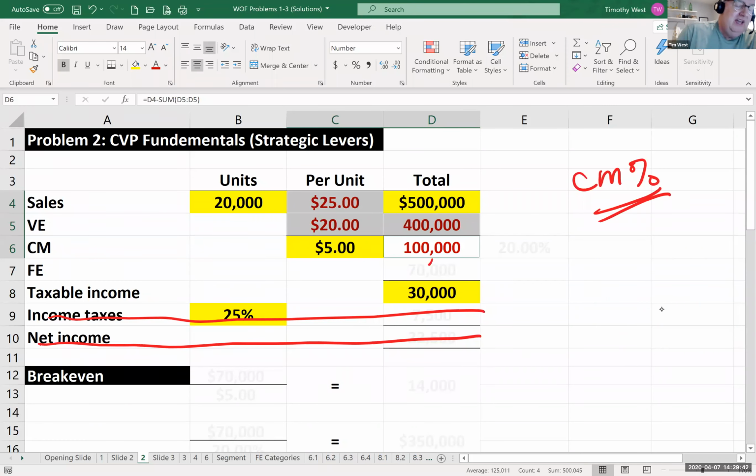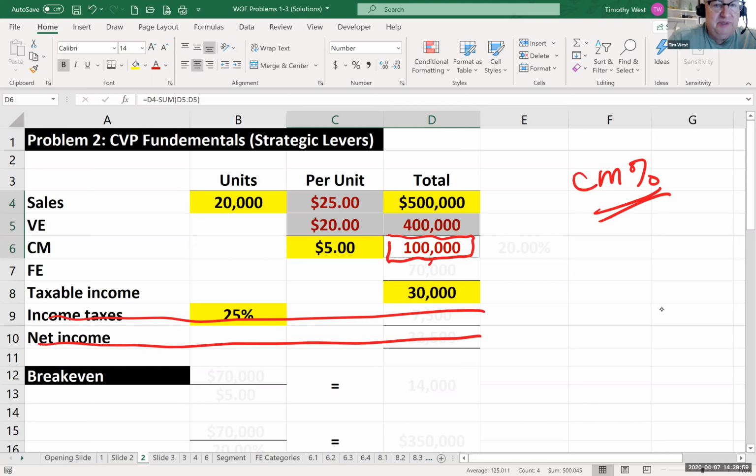And so how are we going to calculate that? Do you recall? You just take the contribution margin. You can either take the total or the per unit and divide it by the corresponding sales, either the per unit sales or the total sales.